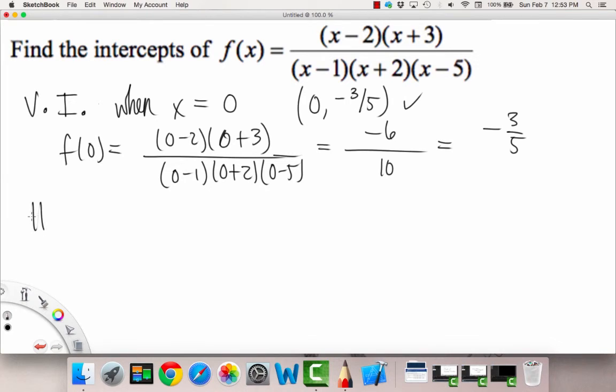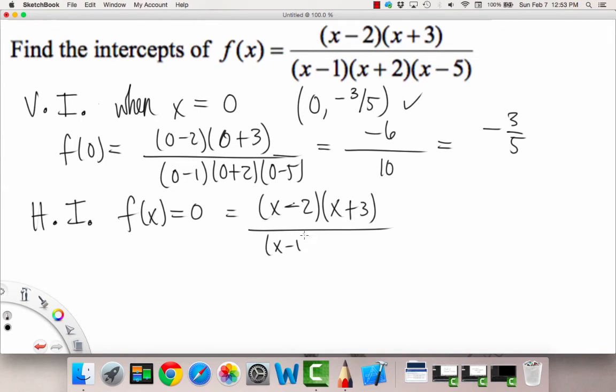And now to find the horizontal intercept, this is when our function is equal to 0. Okay? So just rewriting this, this would be x minus 2 times x plus 3 over that whole stuff on the bottom. Okay, so the bottom doesn't really contribute to having a function value of 0, because even if the bottom were equal to 0, that would just mean your function's undefined, which tells you your vertical asymptotes, right?